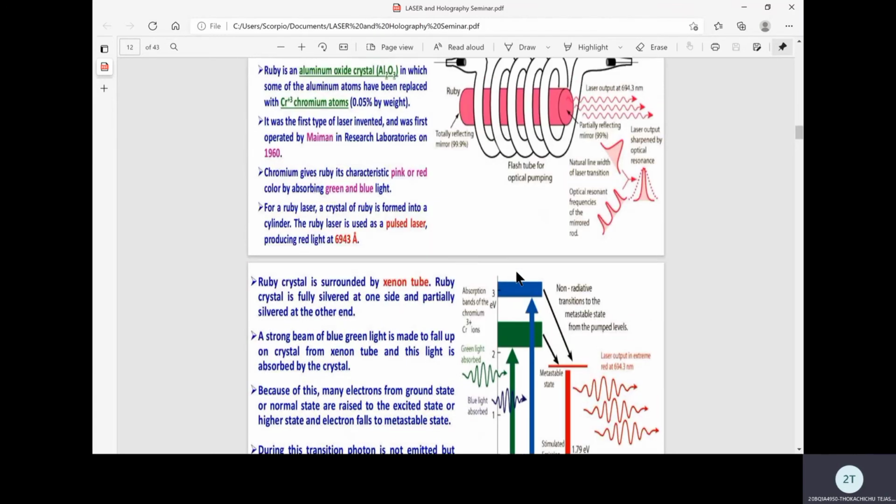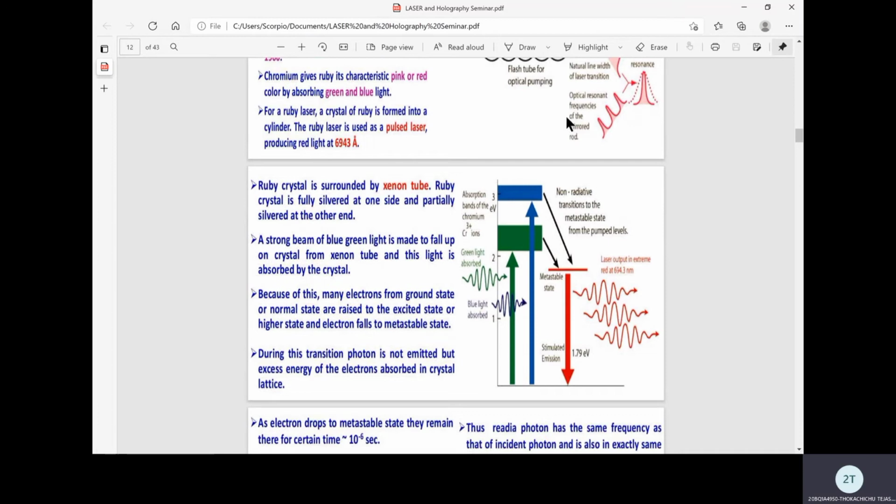Also, the major composition of this ruby rod is Al2O3 plus Cr2O3, which is in the composition ratio of 99.95 to 0.05, and clearly the chromium ions are active compared to the aluminum ions.